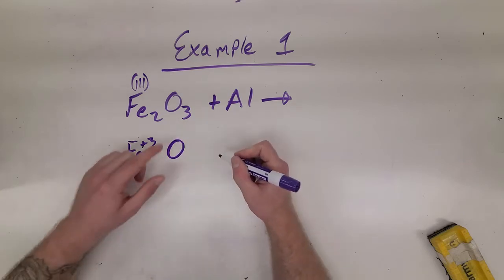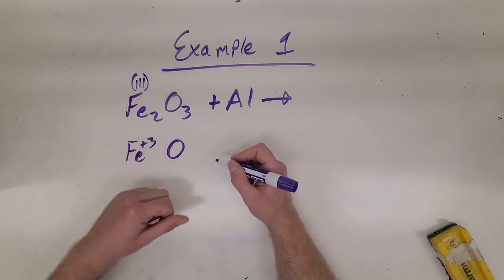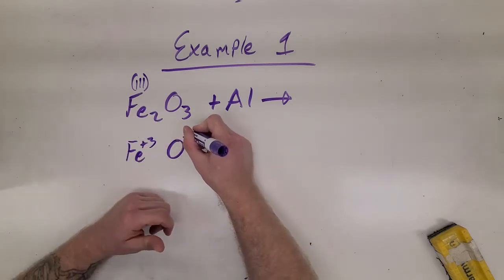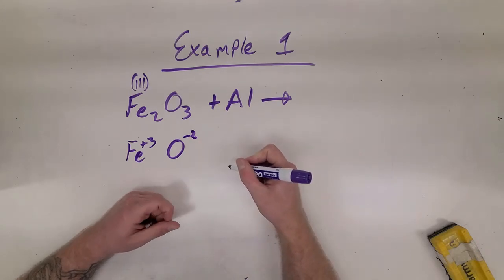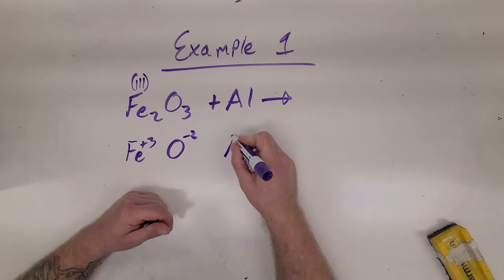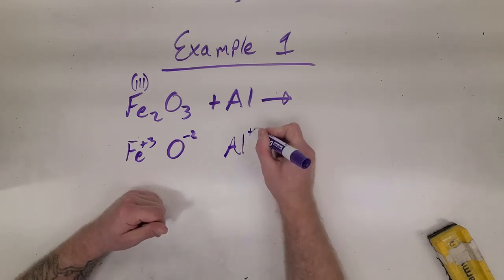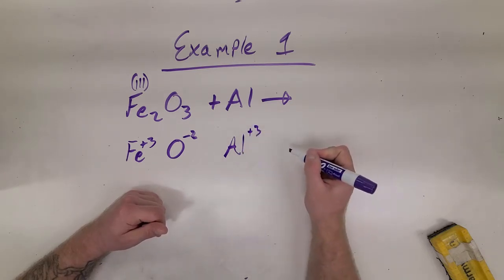Oxygen is in group 6. That means it's going to have 6 electrons in its outer shell, so it's going to have a charge of -2, as do most other elements in that group, like sulfur. Aluminum is in group 3, right underneath boron, so it's going to have a +3 charge.